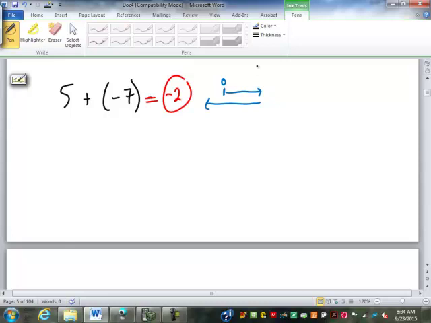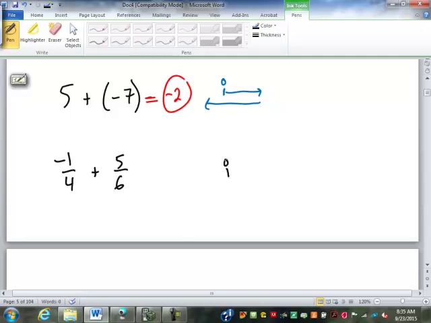Well, what if this looked like this? Now what? Well, first of all, since one's negative and one's positive, we need to decide which one's longer. Which is going to be longer, 1/4 or 5/6? 5/6.